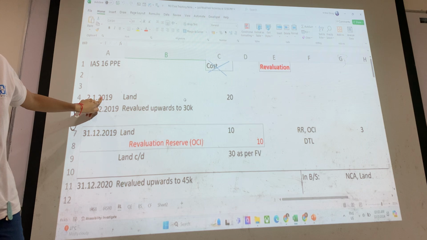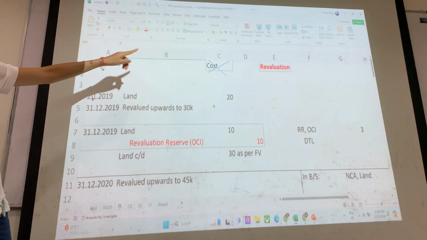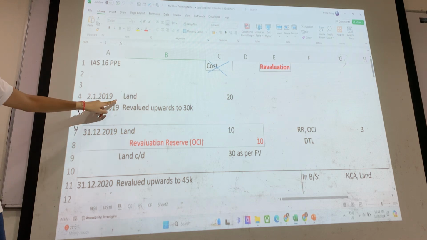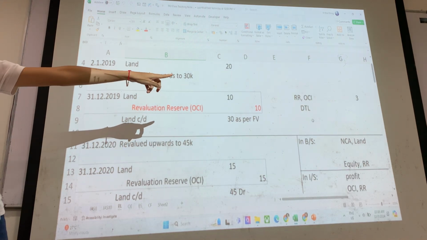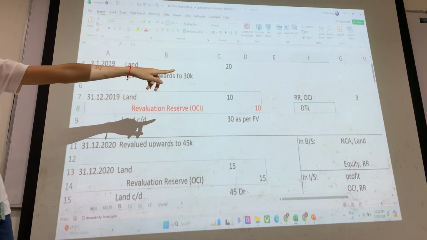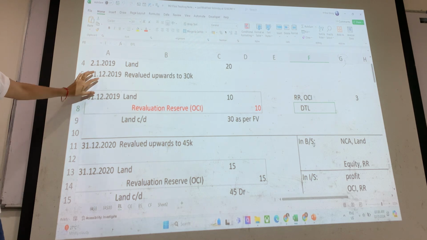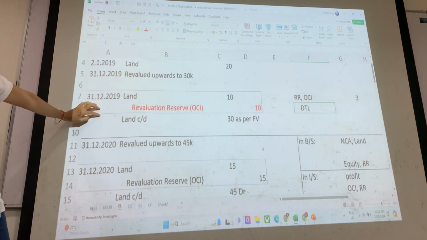On top, I tell you about revaluation model, cost model. If you use revaluation model, your land revalues upwards, what you have to do. Actually, there's a DTL, but today we don't learn first. This is not the final answer. Module 4, there's a DTL. So this is the answer as for today's syllabus, not the final answer.